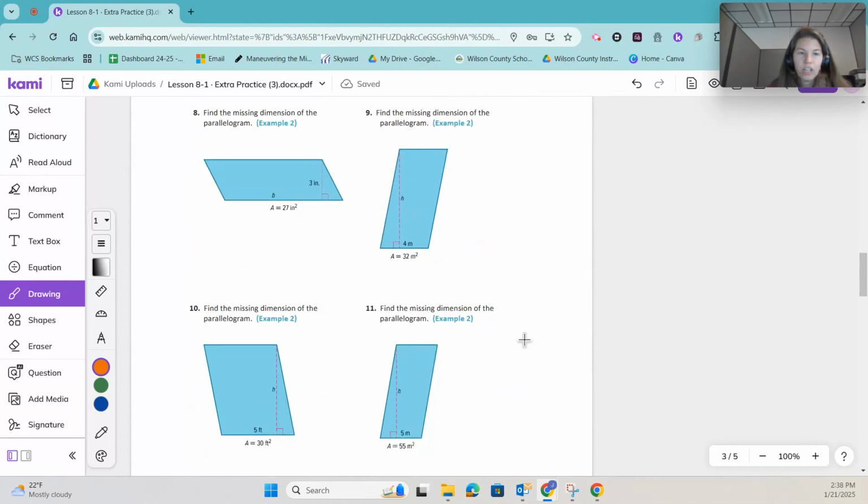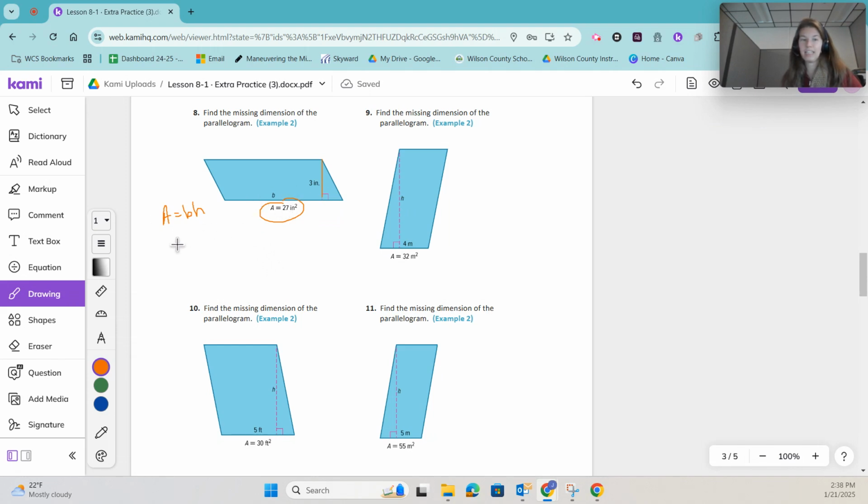Now let's take a look at one where we have a missing base or height. They give us the parallelogram, they show us the height and the base and the total area. So we're using the same formula, area equals base times height. We are substituting into our formula to solve here.